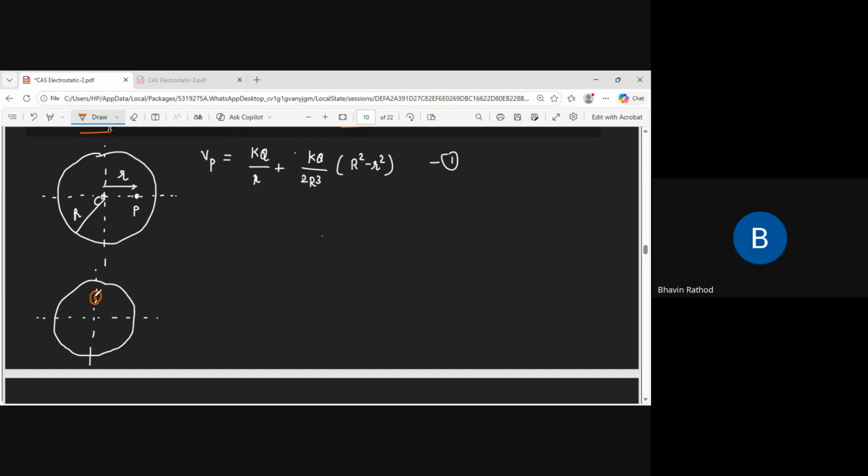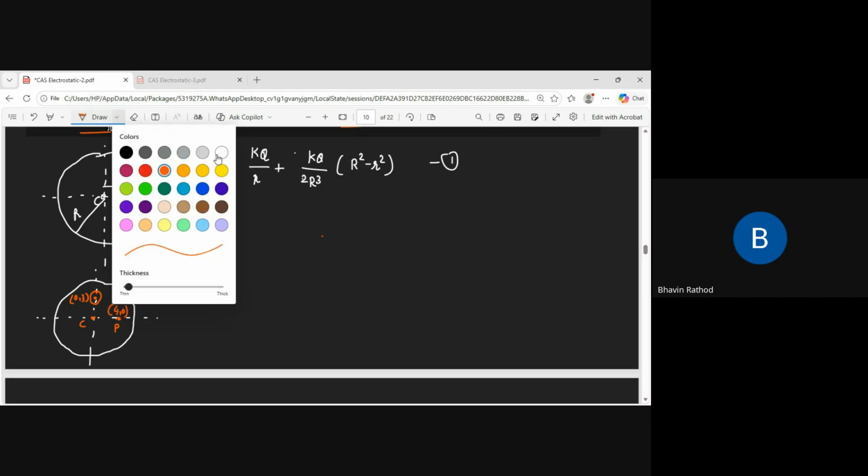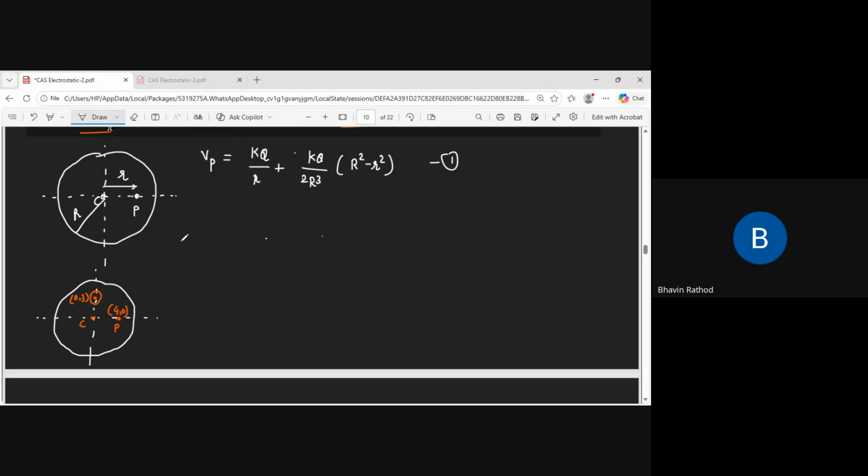We are told that the center of the cavity is at 0, 3, and point P is over here at 4, 0. So now we can say the potential at P due to full sphere, and when I say full sphere, I mean without cavity.